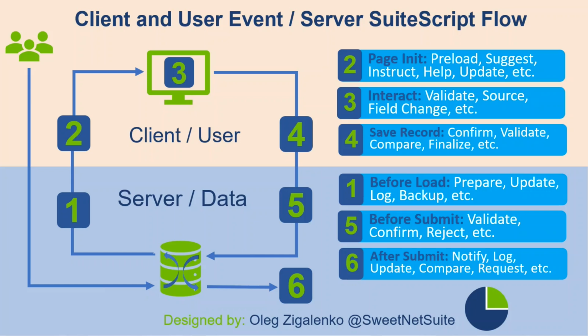For myself, I started to understand that the client is where I am at the monitor, at the screen, interacting with the actual script and with the record. Now the server data is called user event because the user triggers that and sends the data to the database.